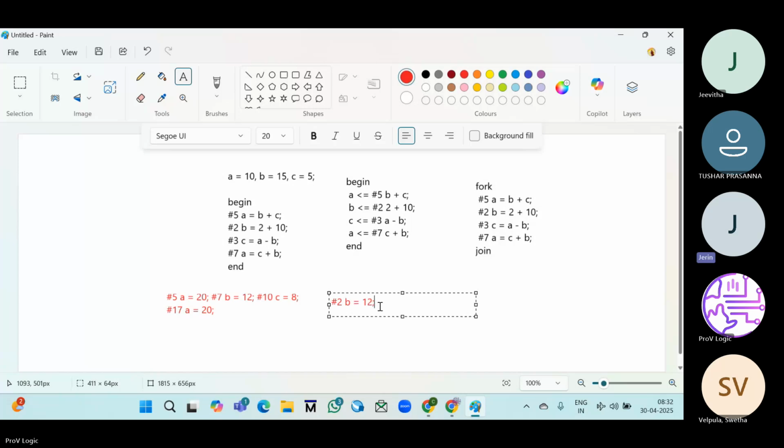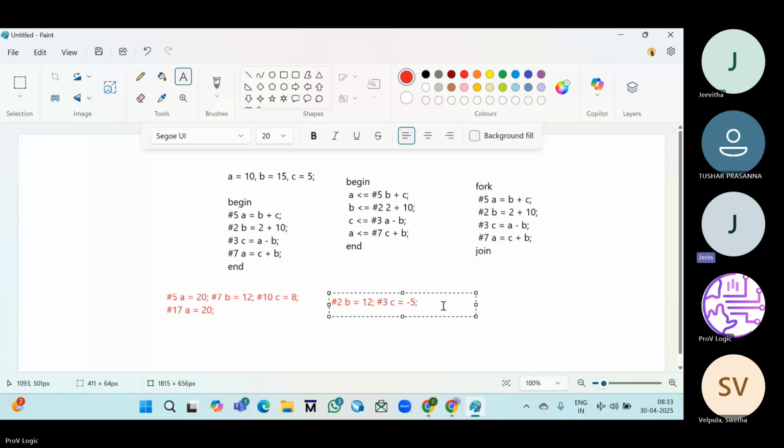At 3 time units, C is A minus B, which is -5. C is equal to -5.